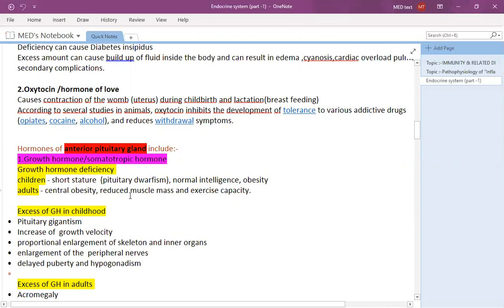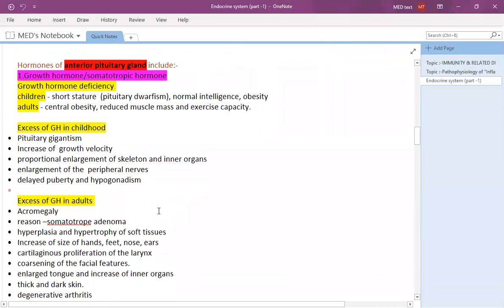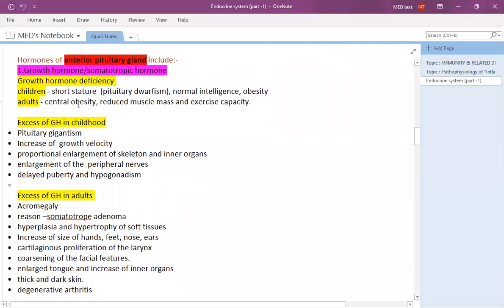All right, next. Now, as of now, we have seen the deficiency. Now we will move on to the excess. What if growth hormone is in excess? If it is in excess, it can cause pituitary gigantism in the children. Increase of growth velocity, proportional enlargement of skeleton and inner organs, enlargement of peripheral nerves can be possible, delayed puberty, and hypogonadism are some secondary complications.